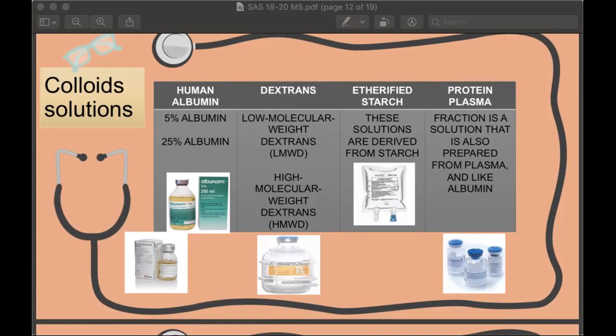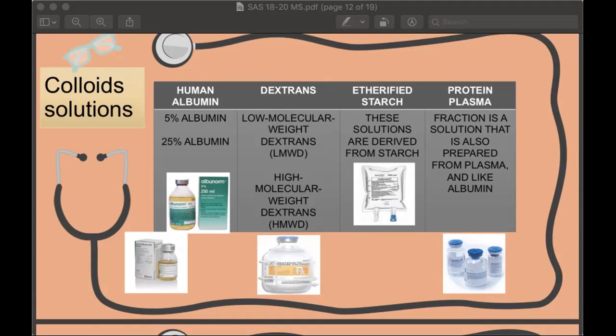Now, the next one here is your dextran. We have two types, the low molecular and the high molecular weight dextran. These are polysaccharides that act as colloids. What is the use of the low molecular weight dextran, or LMWD?